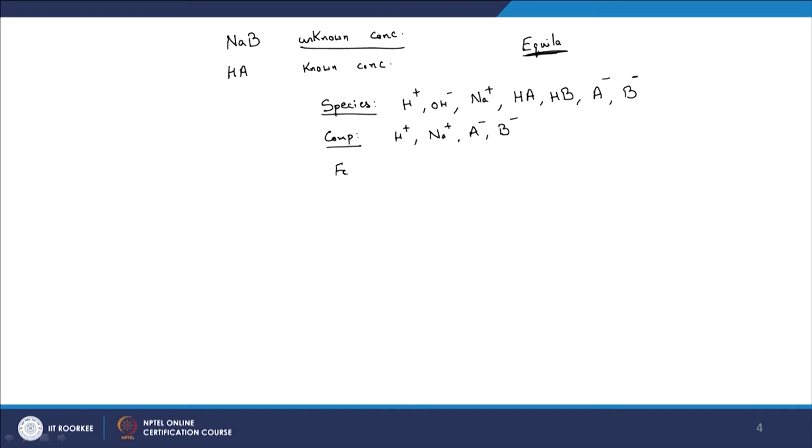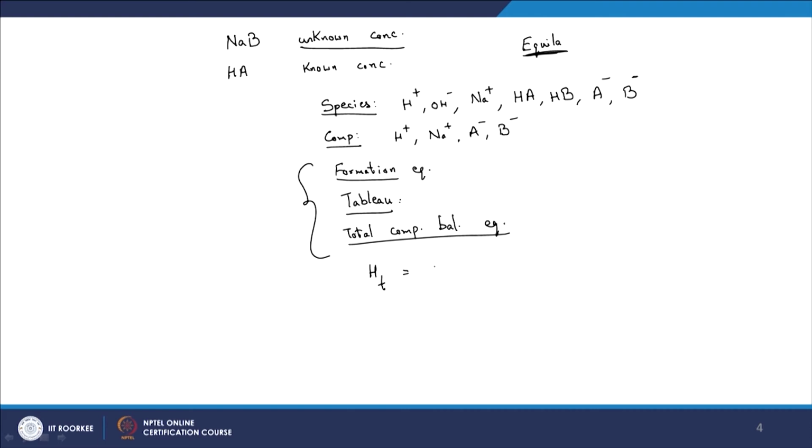We need to come up with our formation equations, which we are not going to go through now, and then we need to get down to writing our tableau, right? And then the total component balance equations, right? So at this stage we can skip these three aspects and let us write down H total.